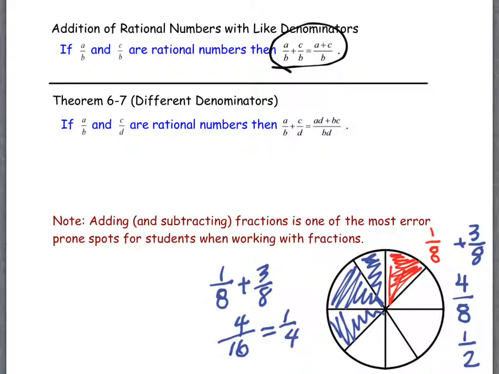Okay? Now, if the denominators are not the same, of course, we need to get them the same. There's lots of ways to do that, but one way is to multiply. So if you notice, you see A times D, which I've drawn over in red, multiplied here. And then you see the other cross, the B and the C, that are multiplied.